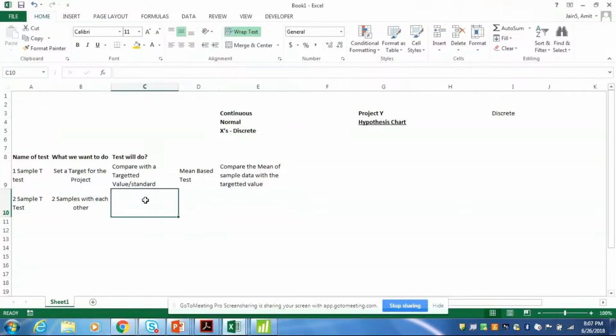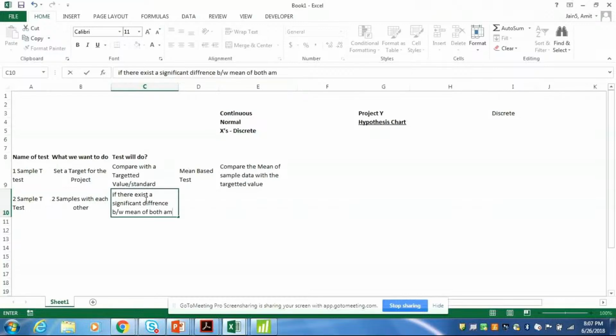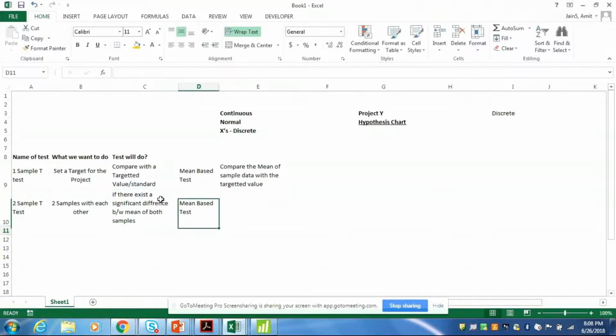It will compare two samples with each other and tell us if there exists a significant difference between the means of both samples. Okay, so are we good with two sample t-test?